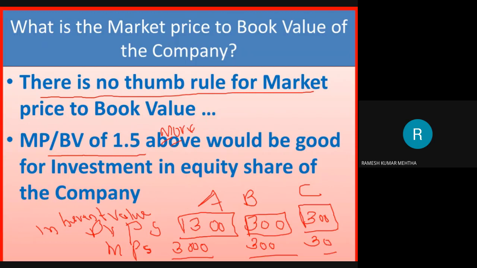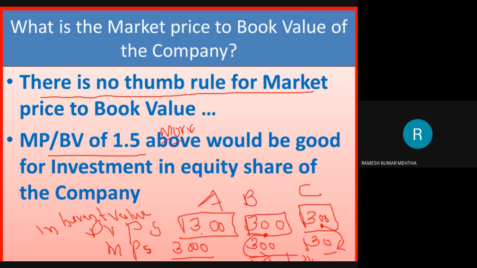In this case, 300 divided by 30 means 300 rupees worth of share is available in the market at 30 rupees, so it is undervalued. In this case, 300 rupees worth of share is available at 300 itself, so it is optimally valued, meaning the market price is equal to the book value.